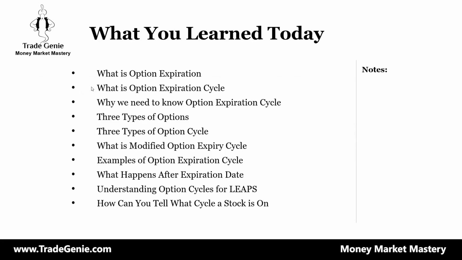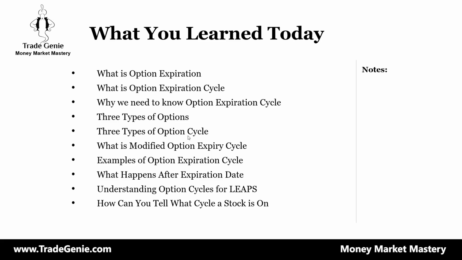So today we learned what option expiration is, what the option expiration cycle is, and why we need to know the option expiration cycle. There are three types of options: weekly, monthly, quarterly, and leap.